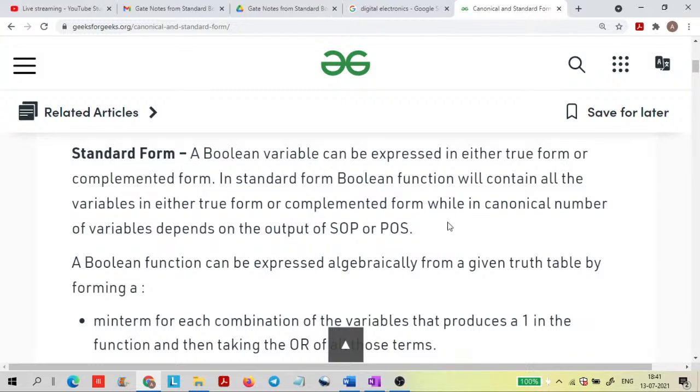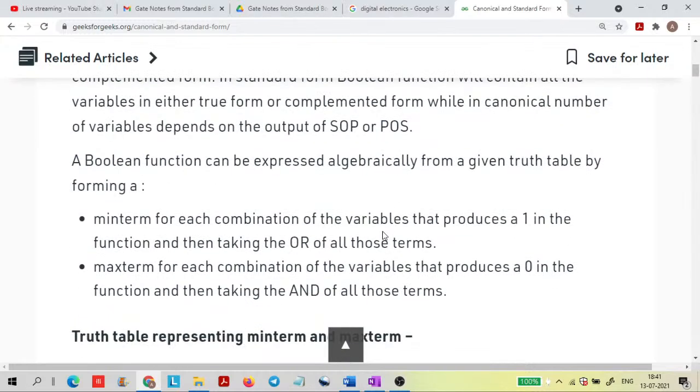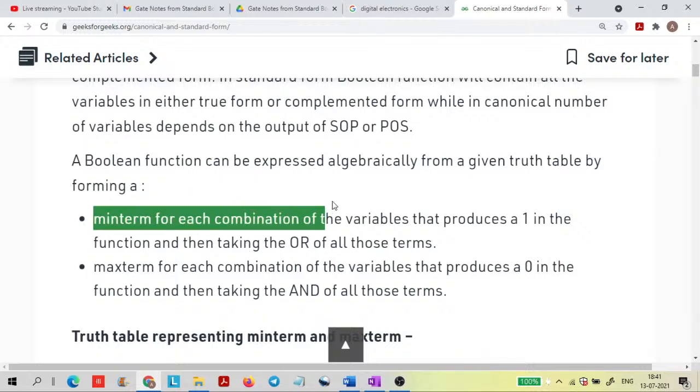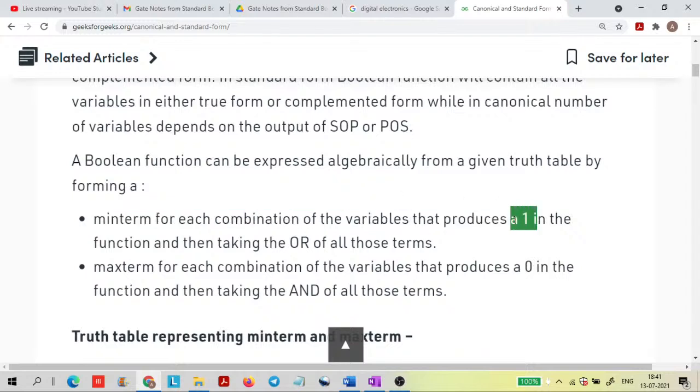The canonical forms depend on the output of SOP and POS. A min term is each combination of variables that produces a 1 in the function, that is, the output of the truth table is 1. Then taking an OR for all those terms gives the sum of products.